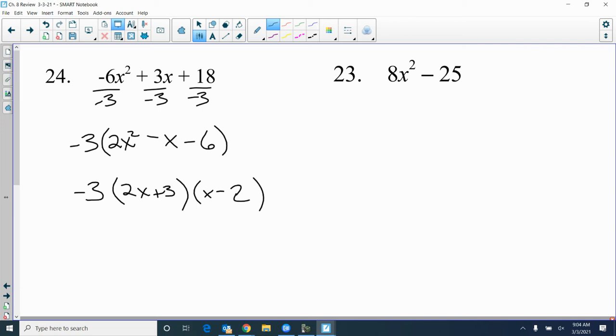The difference of squares. Do I have difference of squares? I do not. 8x squared is not a perfect square. 25 is, because the square root of 25 would be 5. So this is not a perfect square. So I would just say this is completely factored. Again, difference of squares, I need subtraction, and then both terms have to be a perfect square.